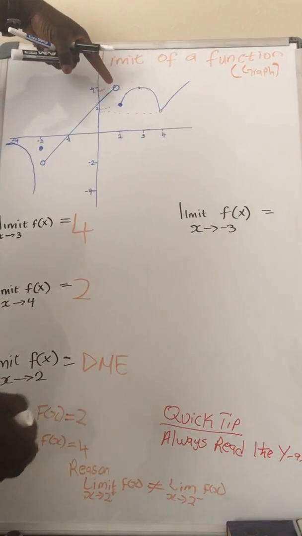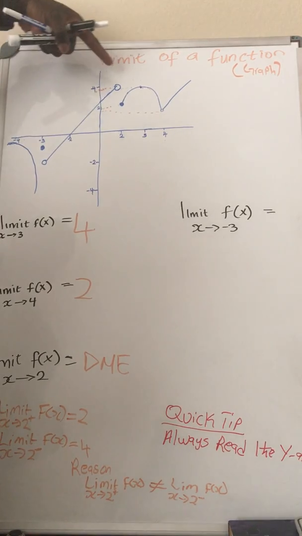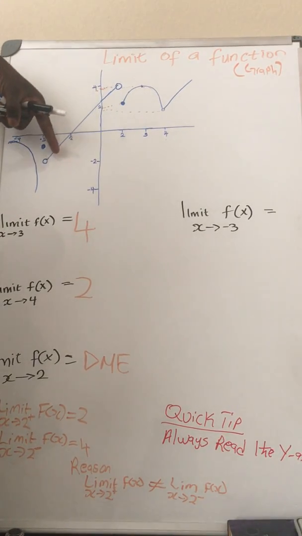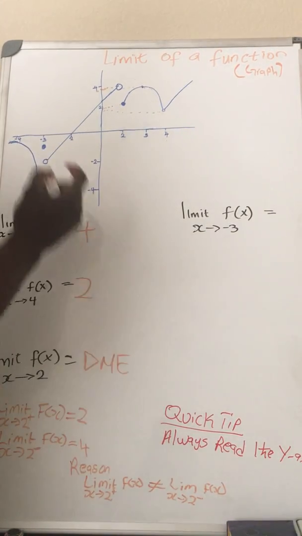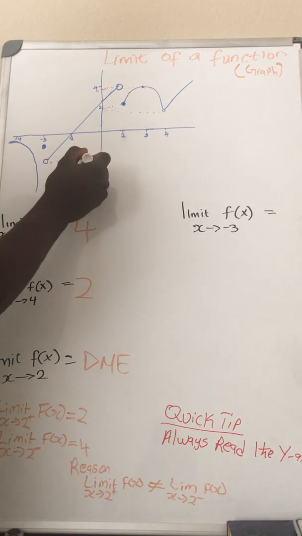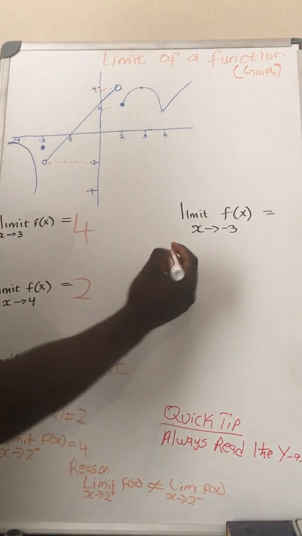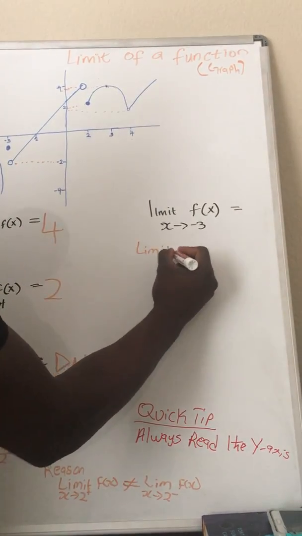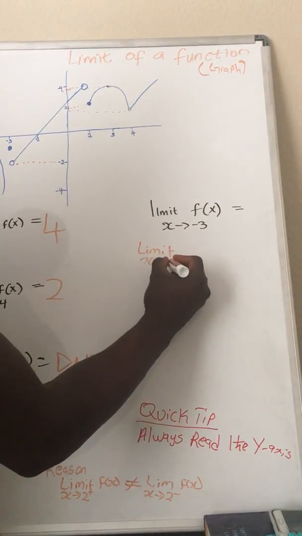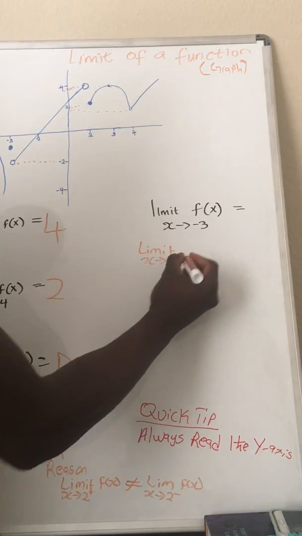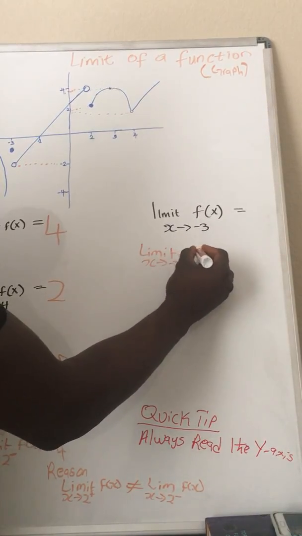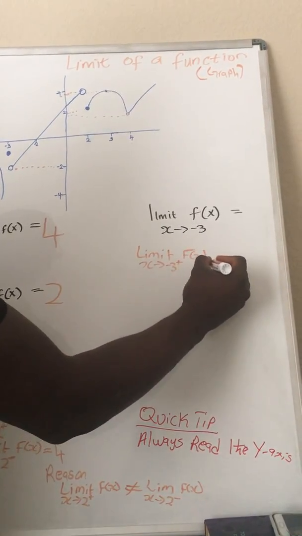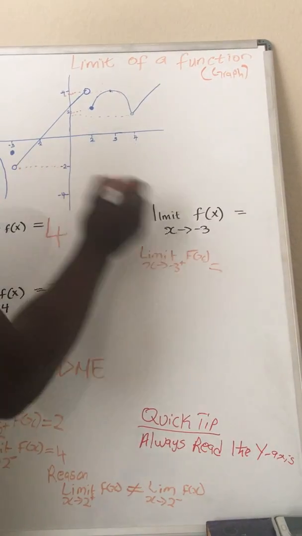The limit as x approaches -3 from the right: I always tell you the quick tip, read the y-axis, it's -2. So the limit as x approaches -3 from the right side of f of x is -2.